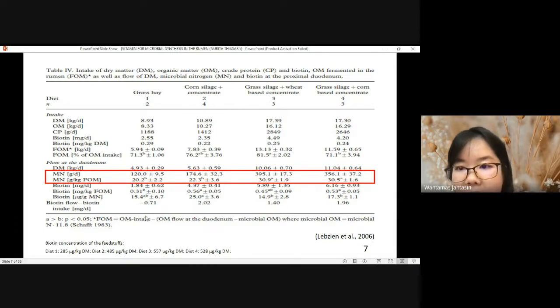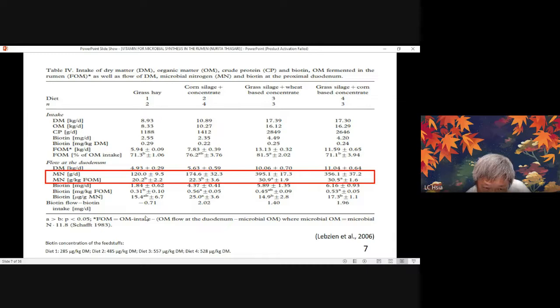Why, when they are combined together with the silage, together with the wheat base? The question is why you compare the corn silage with grass silage with wheat and grass silage with corn. Why? Am I right?